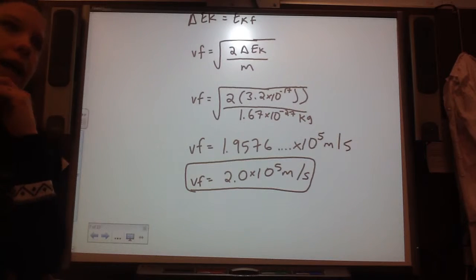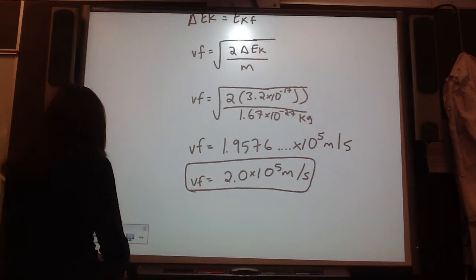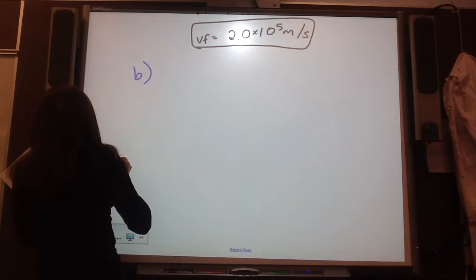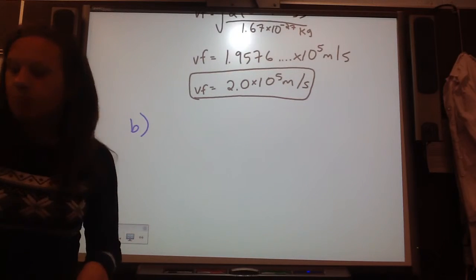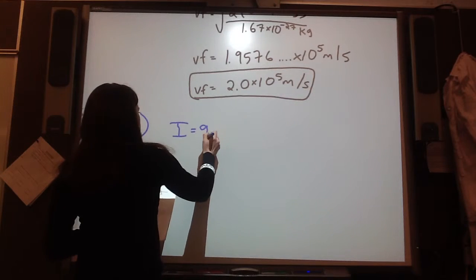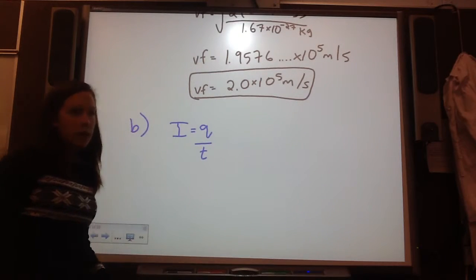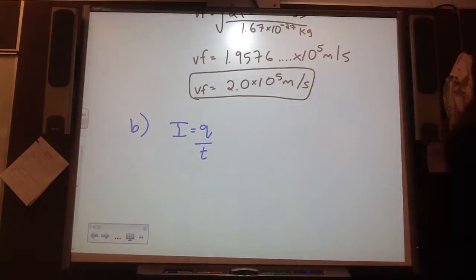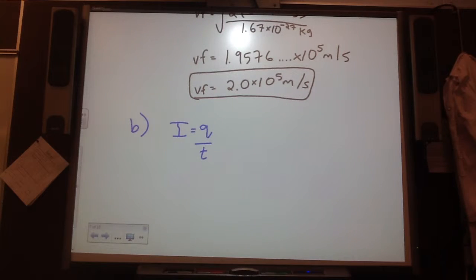But then we're still asked about finding current. So this is B. To find current, I is equal to Q over t. I know the charge of my proton, but I don't know time. But I know that the proton accelerated, so I'm going to use my distance in an acceleration formula with the information I know to find time.